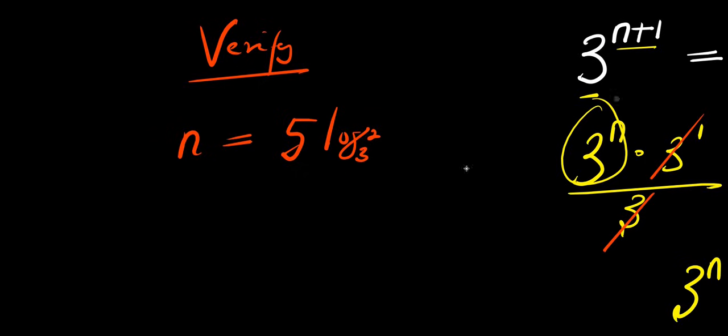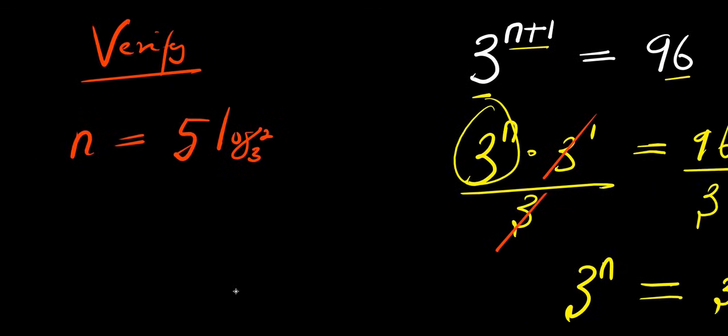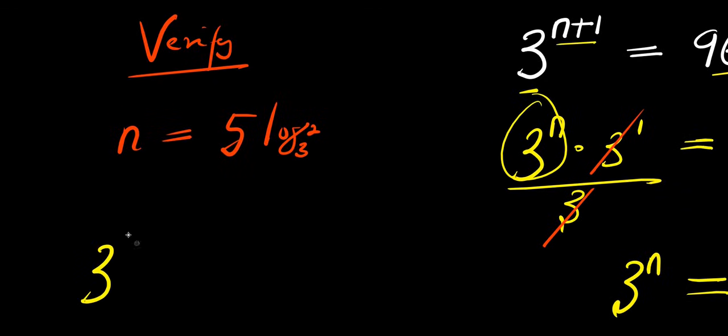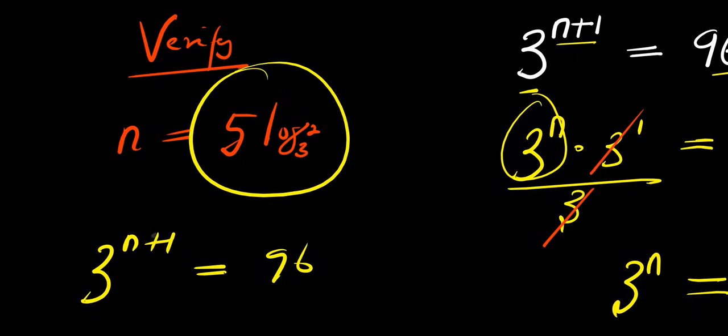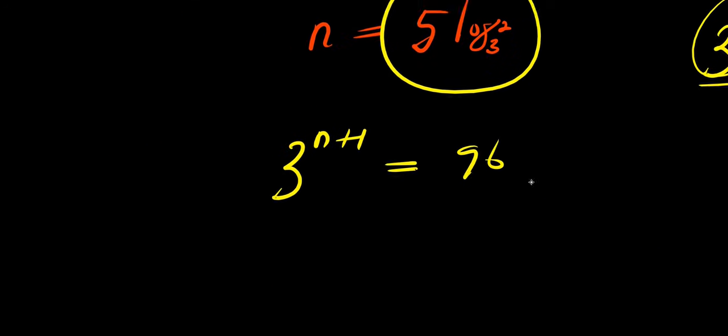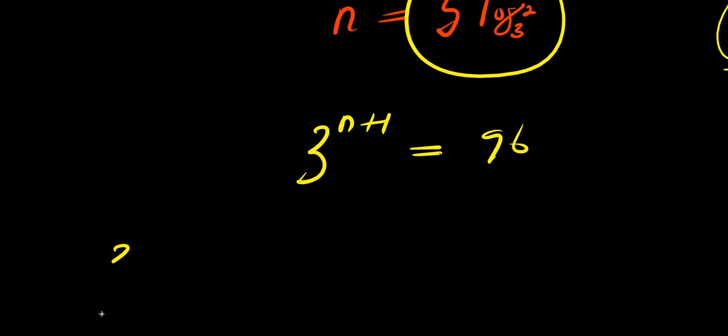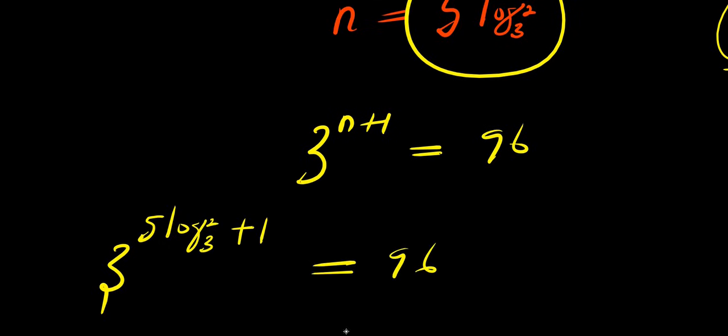So from here, we insert this back here. We have 3 power n plus 1 equals 96. Insert this for n. It's 3 power 5 times log 2 to the base of 3 plus 1 equals 96.